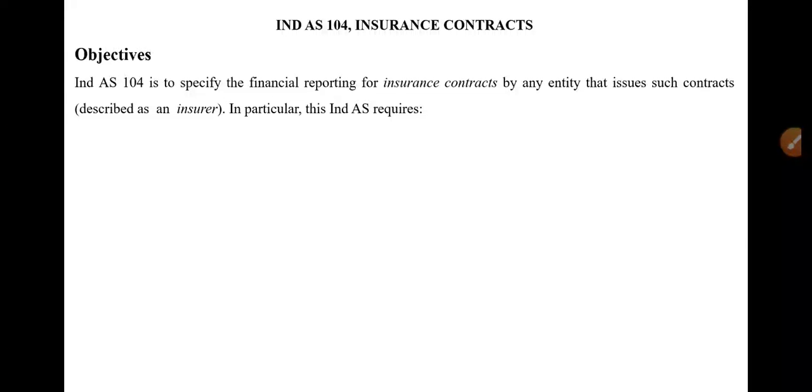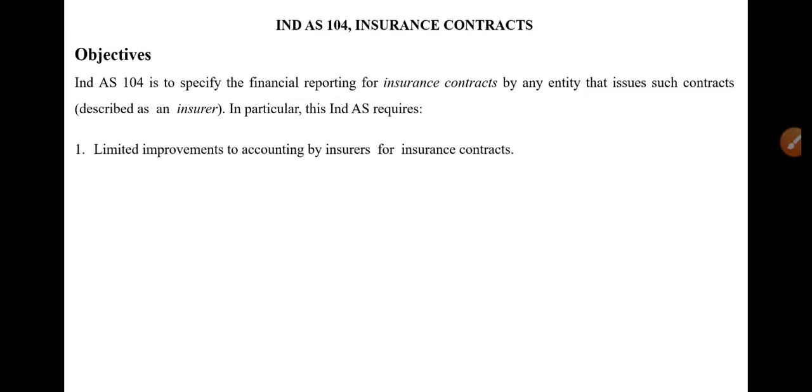As per Indian Accounting Standard 104, the first objective is to make limited improvements to accounting by insurers for insurance contracts.